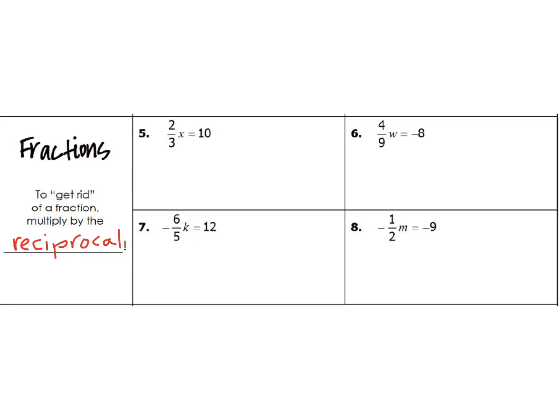Reciprocal is kind of a funny word to spell. The reciprocal of a fraction is, let's see, if I had 1/5, the reciprocal of 1/5, I'd have to flip it upside down, would be 5/1. All right, so it's just flipping your fraction upside down.